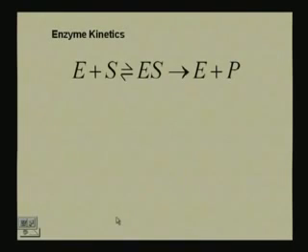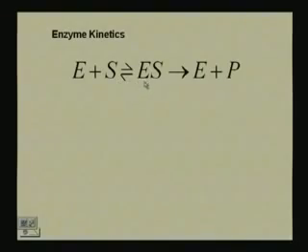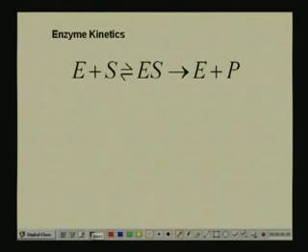Okay, now we get to the kinetics. What is happening here? We have an enzyme plus a substrate that is going to form the enzyme substrate complex. Now, in this enzyme substrate complex, we have a pre-equilibrium step.